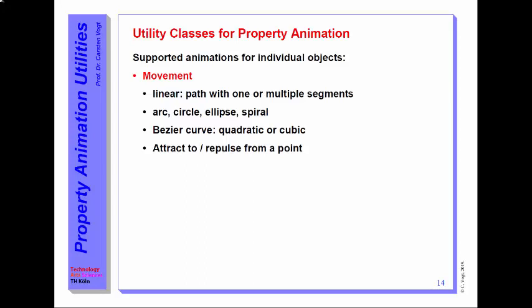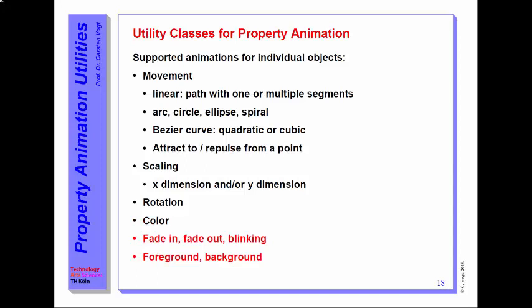We can use Bezier curves, quadratic or cubic, and we can attract objects to some specific point or repulse them from this point. We can scale them in the X or in the Y dimension. We can rotate objects, we can change their color, we can let them fade in, fade out, we let them blink, we can move them to the fore or to the background, and we can leave trails behind the objects.